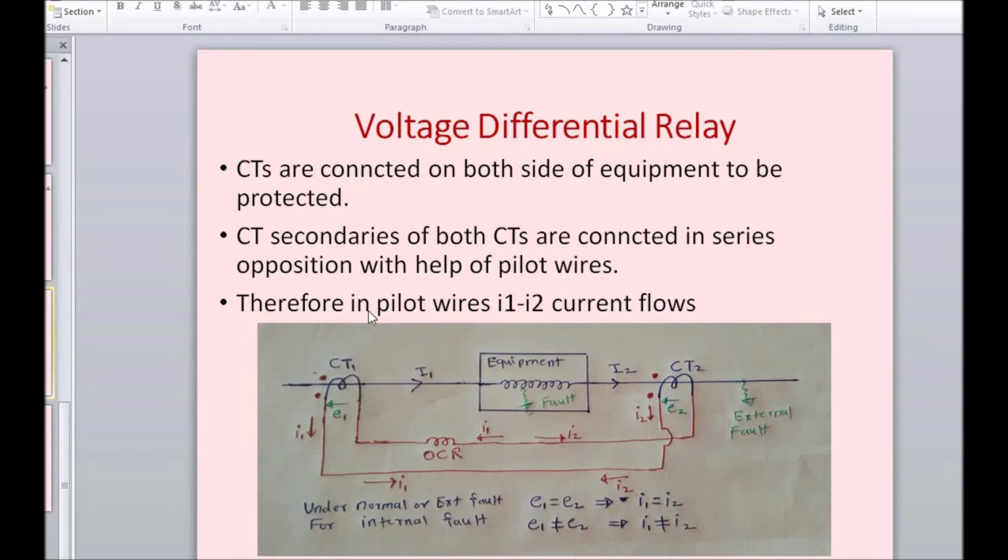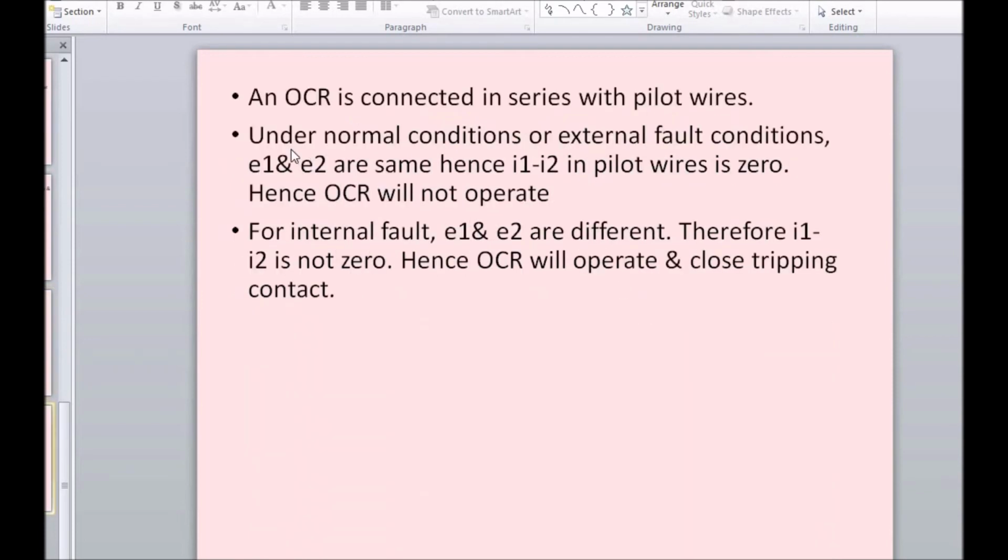Therefore in the pilot wires, small I1 minus I2 current flows, and the overcurrent relay is connected in series with the pilot wires. Under normal conditions or external fault conditions, both E1 and E2, that is the induced EMF in the secondary windings of both CTs, are the same.